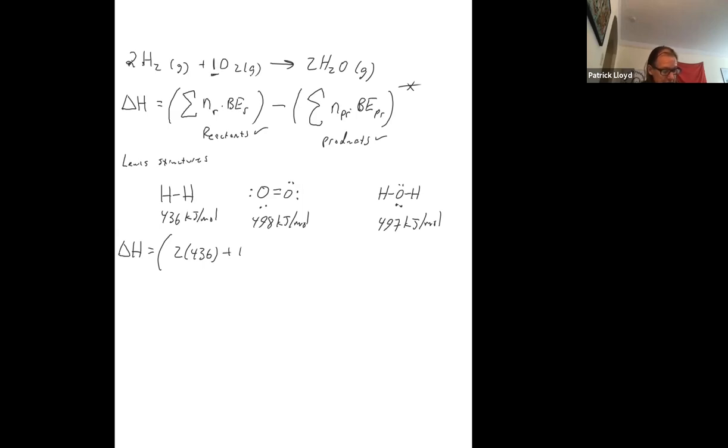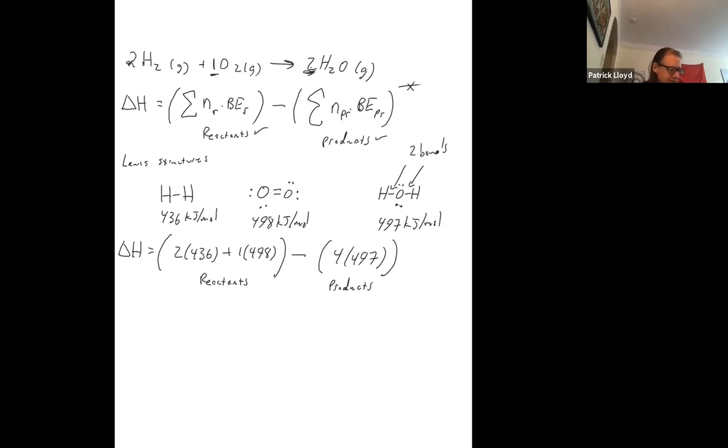So it's just 1 times 498. So there's your reactants. Minus, on the product side, we just have water. Now, there's 2 bonds, and then you've got the 2 in front of it. So it's 4 times 497, right? And I'll put that in parentheses. So these are the products.